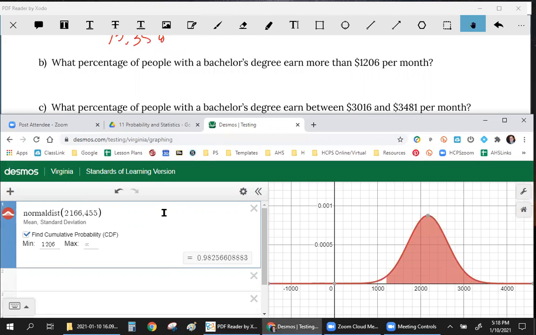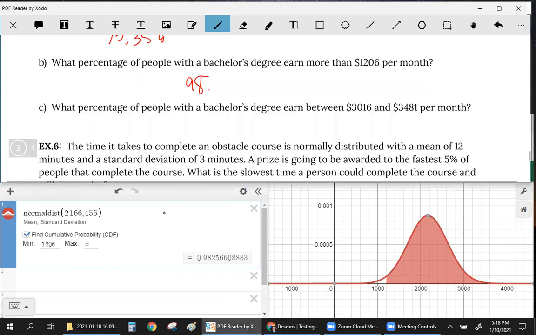So we get 0.9825, which if I round to one more place, is 98.26%. My apologies, I got the keyboard hooked up to my computer, so that's why I'm trying to write on a vertical screen. It doesn't always work well.